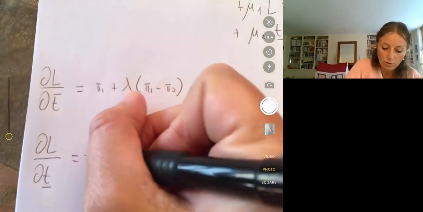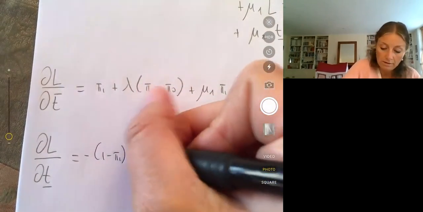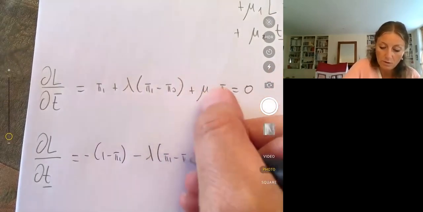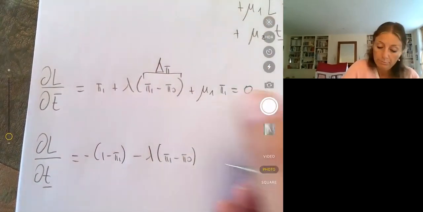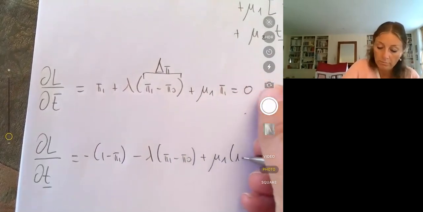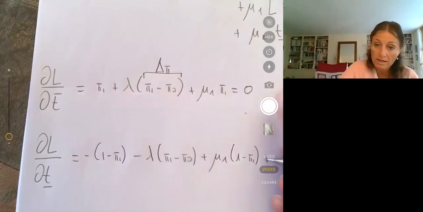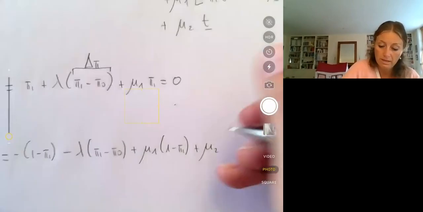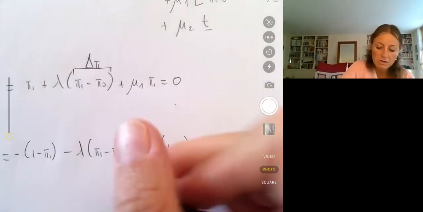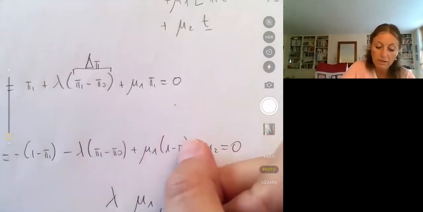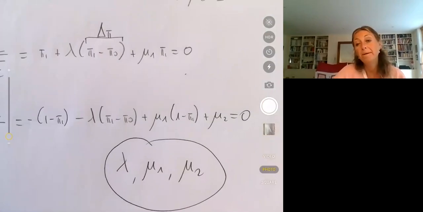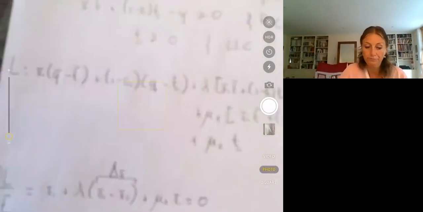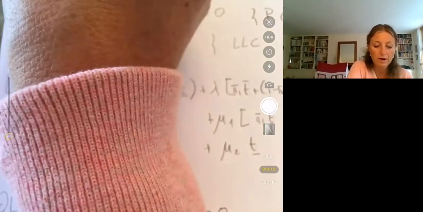And we get minus 1 minus pi 1, minus lambda pi 1 minus pi naught, that we will then call delta pi, plus mu1 1 minus pi 1 plus mu2 this time equal to 0. Now, as you can see, compared to before, we have 3 constraints and 3 Lagrange multipliers. But our unknowns are only 2, still T upper bar and T lower bar.